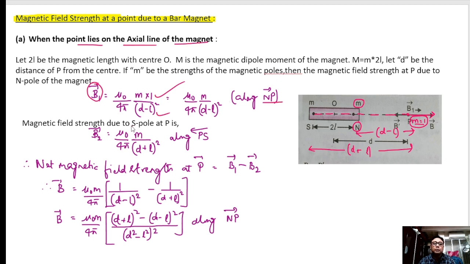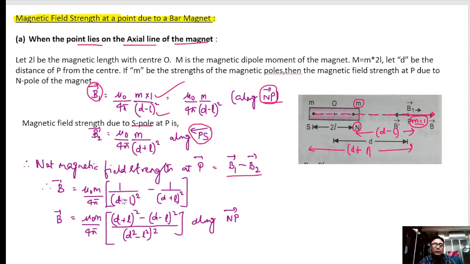Similarly, due to the south pole, the distance is D plus L. So it will be mu0 by 4 pi M by D plus L whole square. And because it's a south pole, it will be from P towards S, towards the south pole. So the net magnetic field strength will be B1 minus B2 because they are opposite directions. This is along NP, this is along PS.